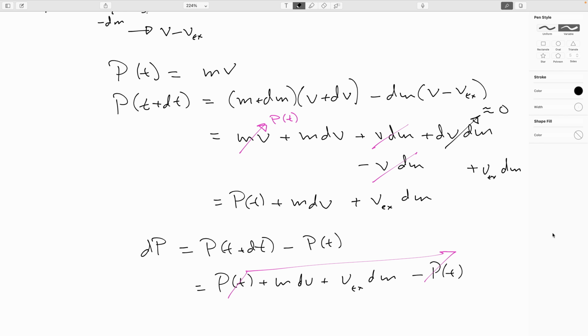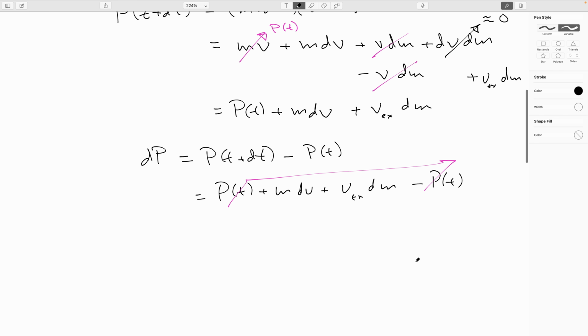Now there's one more thing that we can do. So remember we said that we were treating the rocket as just being out in empty space. So if we're out in empty space, there's no external force. So we can say that the change in momentum is 0 by the impulse momentum theorem if there's no external force.